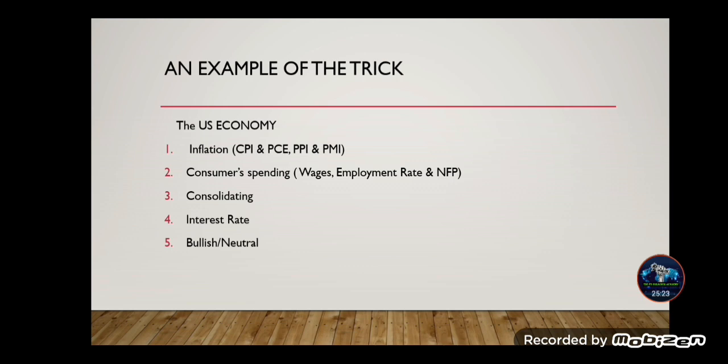The answer is interest rate. If you look at the US economy, last year when we were faced with a near recession, with the lockdown, COVID, something like that, the central bank started increasing their interest rates.